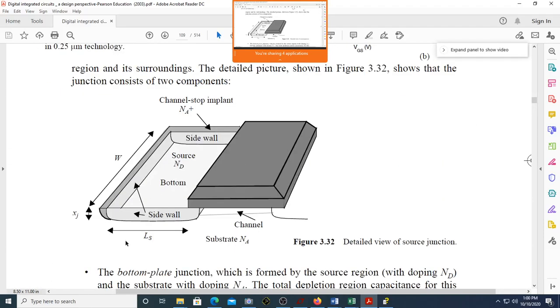Okay, so this is the sidewall capacitance. We are going to have bottom as well as sidewall. For the bottom, we have both W as well as LS. For the sidewall, this length is not in our control, so it is a per unit distance capacitance, whereas for the bottom it is per unit area capacitance. So you write it as 2 LS plus W into the sidewall capacitance.